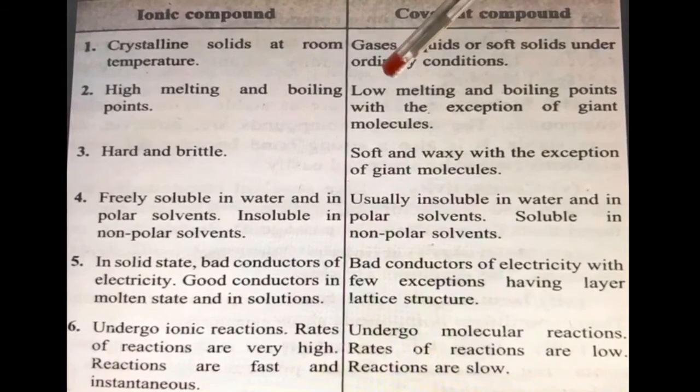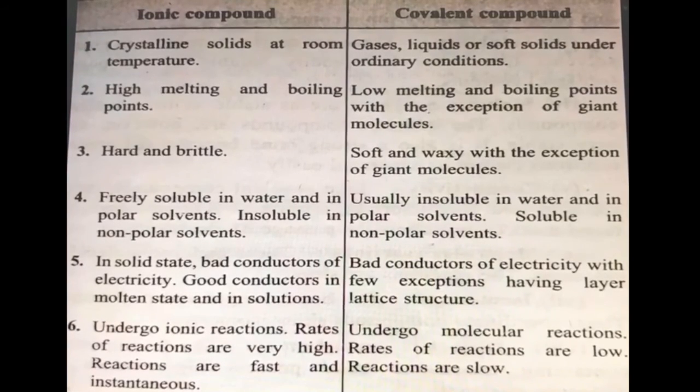Covalent compounds have low melting and boiling points due to weak van der Waals force between molecules. Ionic compounds are hard and brittle, but covalent compounds are soft and waxy, with the exception of a few molecules.